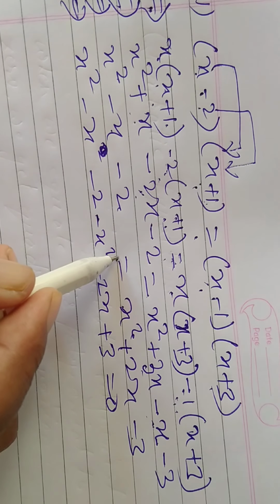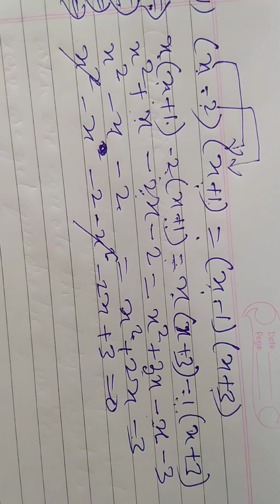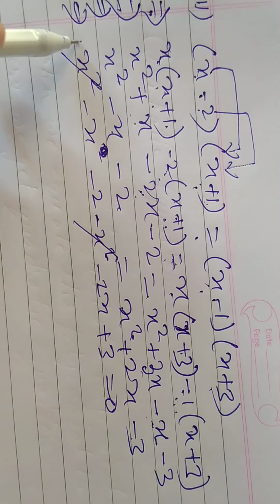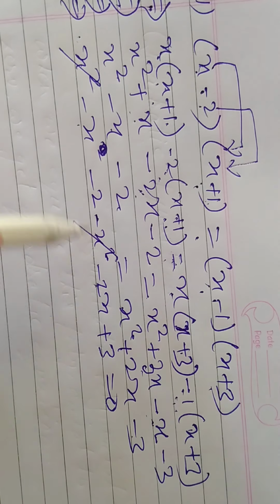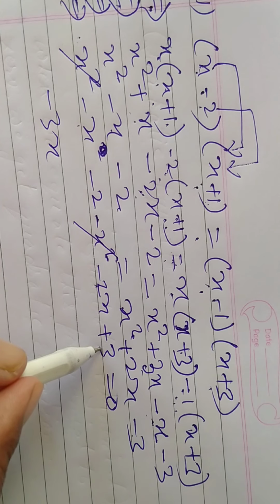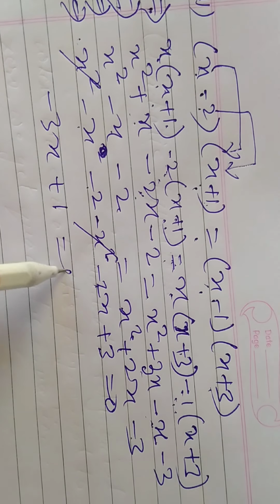So here x² and −x² cancel. What is left? −x and −2x, −3x, then +3 and −2, +1 equal to 0.